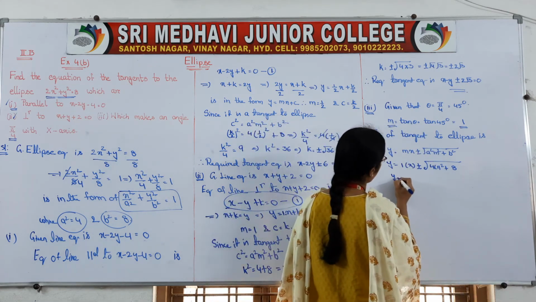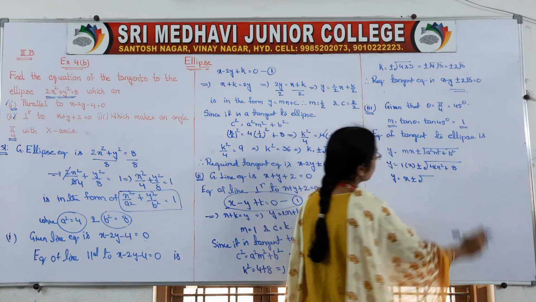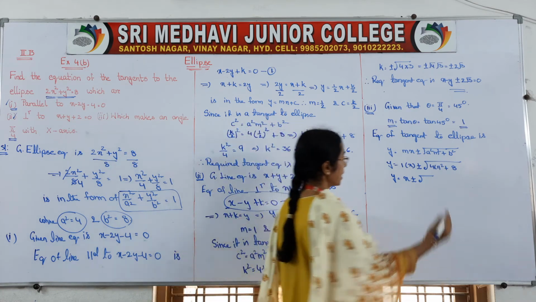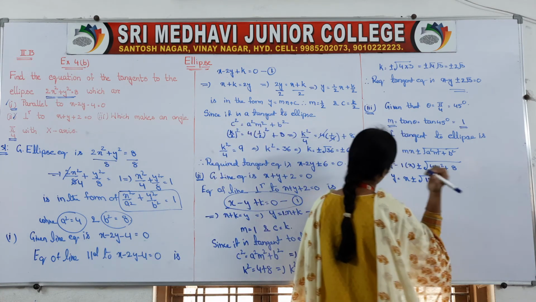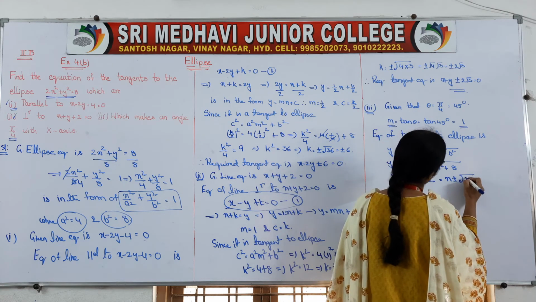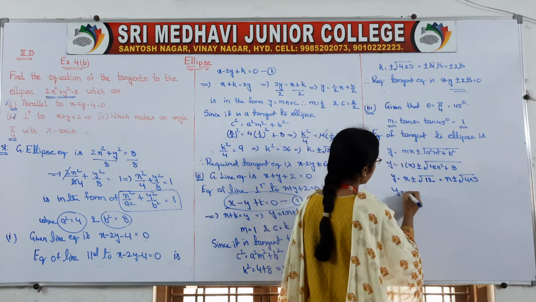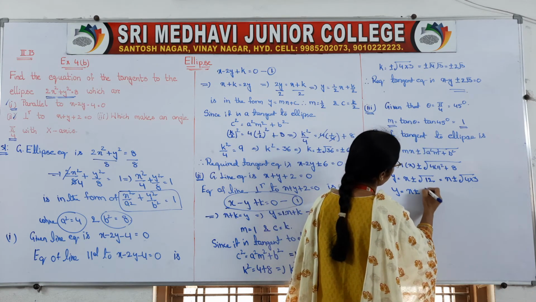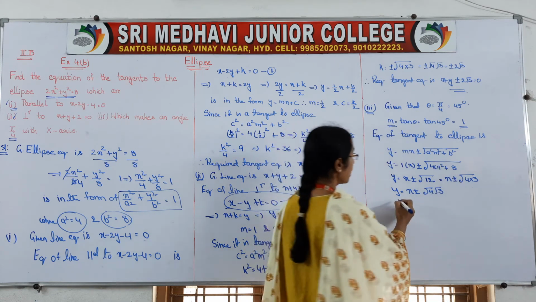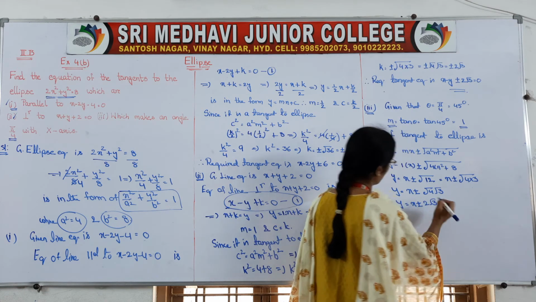So y is equal to x plus or minus root of 4 into 1 square, which is 4, plus 8, that is 12. We can write 12 as 4 threes, so y is equal to x plus or minus root 4 root 3. Root 4 value is 2, so y is equal to x plus or minus 2 root 3.